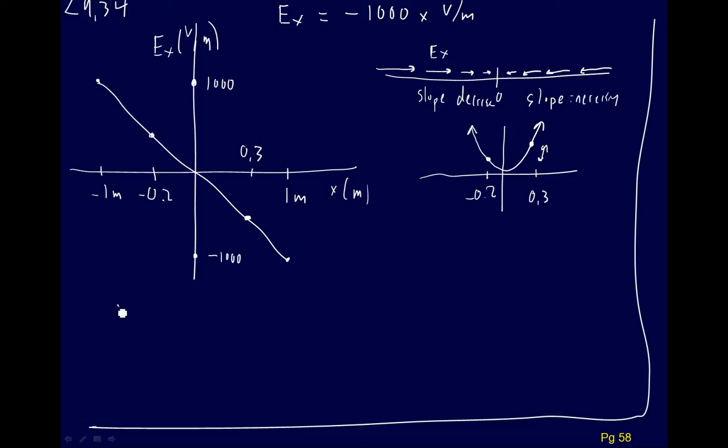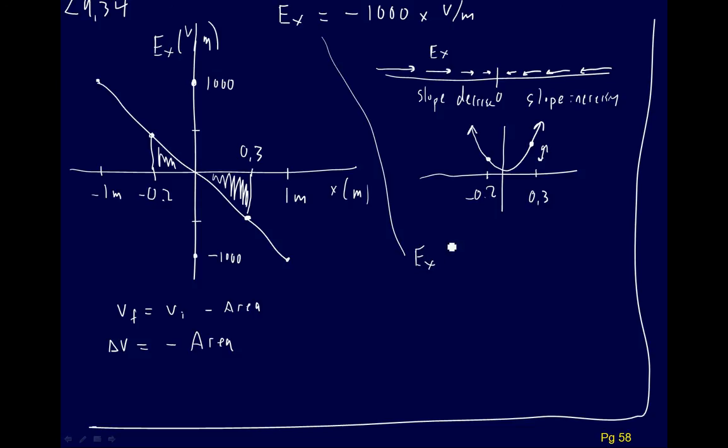Now, to get some numbers here, we can use this equation, which we used the other day in class. The change in potential is equal to the negative of the area under the curve, which would be the area of this triangle and then the area of this triangle. To do that, I need to find the heights of these two triangles, so I'll use my equation.